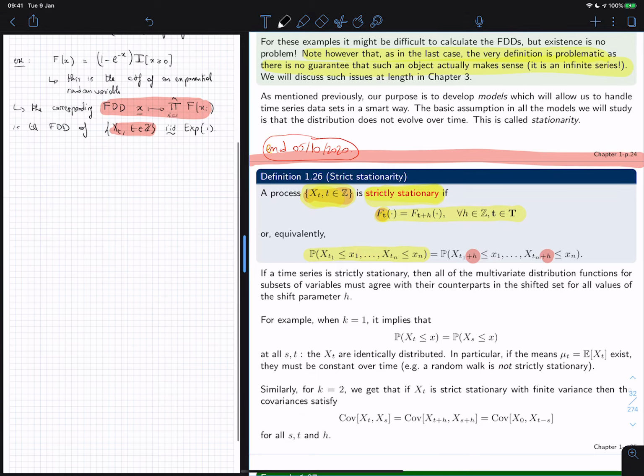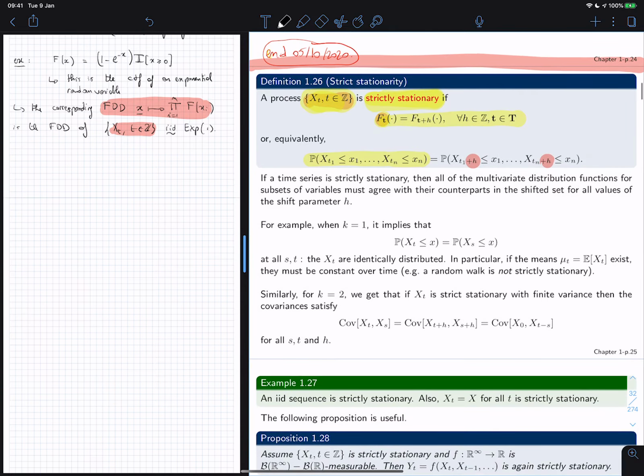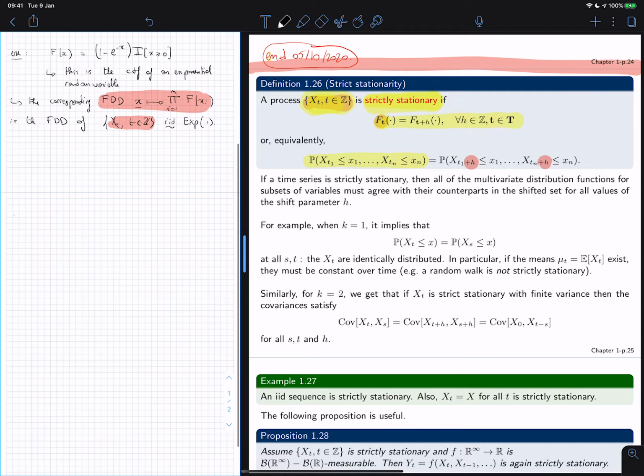So maybe I'll make this a bit clearer. We're on page 25. X_t is strictly stationary.